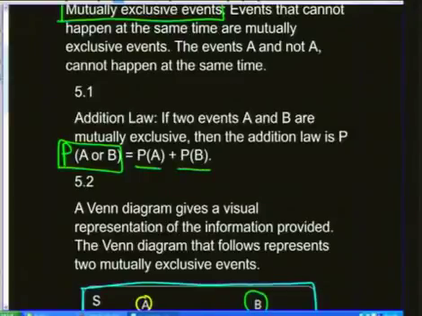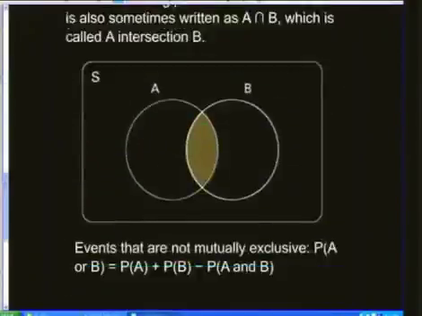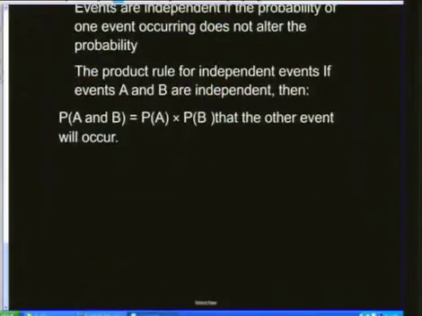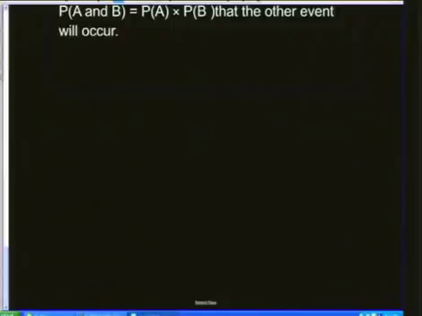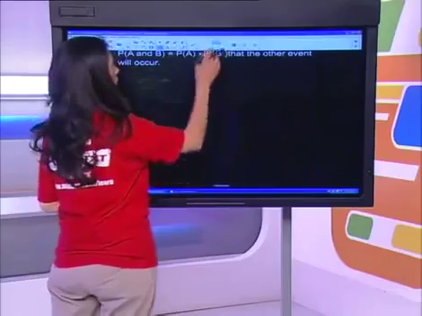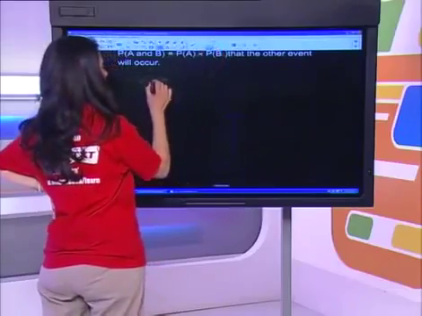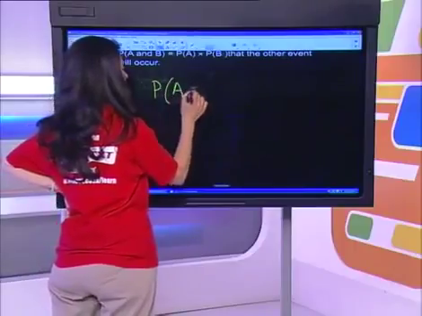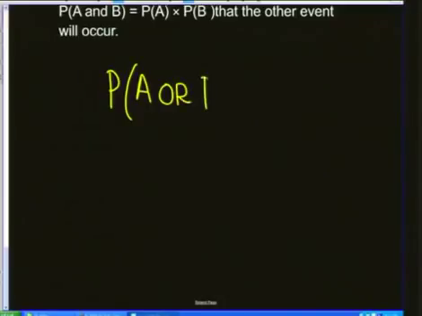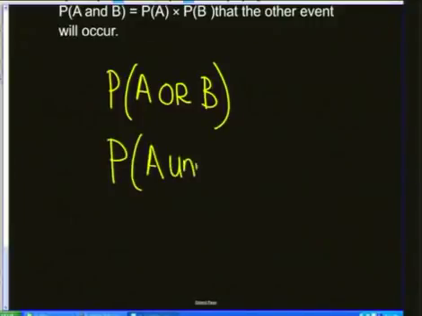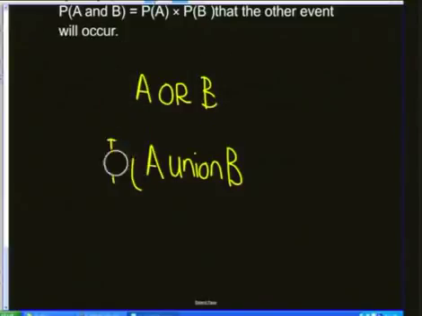Now, before we go on, I just want to clear up some language as well. Let's just go to the meaning of the word. The probability of A or B means the probability of A union B. Actually, I'm not even going to include the word probability at this stage because it's not really that significant.